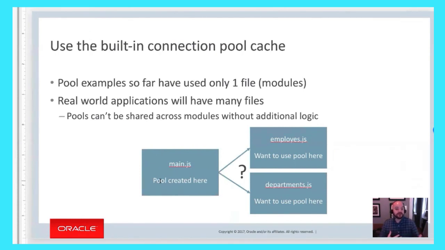If you created a pool in a main file, the question becomes, if you want to use that pool in, say, an employees.js file or a departments.js file, how do you get access to the pool that you created in a separate file? In the beginning, you had to do a little extra work for that, and we just cut out the work. So now we have a built-in pool cache, and you can leverage that instead.